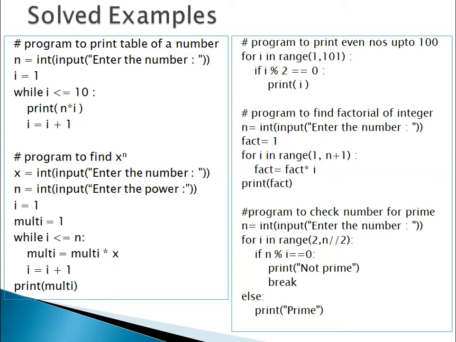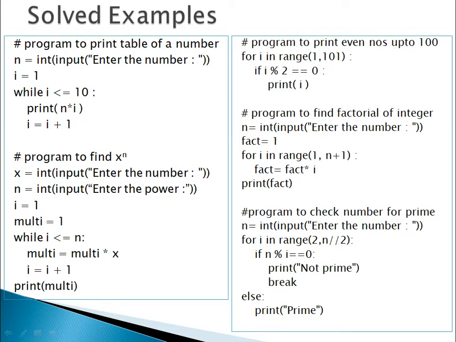Any even number when divided by 2 gives the remainder 0. To check the remainder, you have the percentage sign, that is called the modulus sign in Python. So you write if I mod 2 equal to 0, then you print I. That's how you get all the even numbers between 1 to 100.